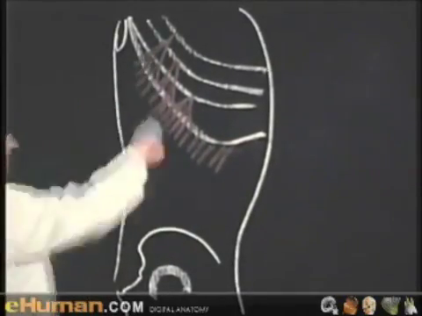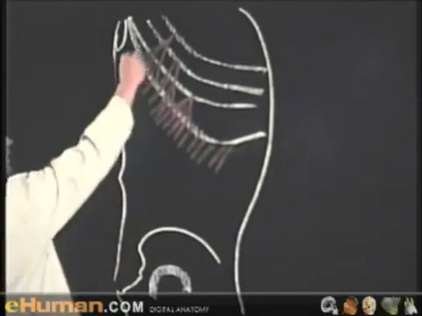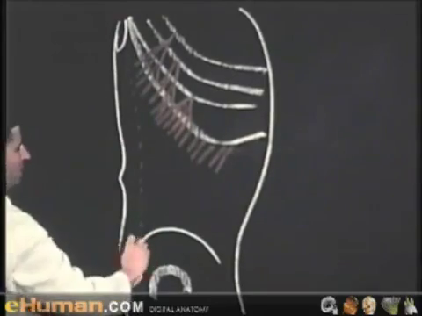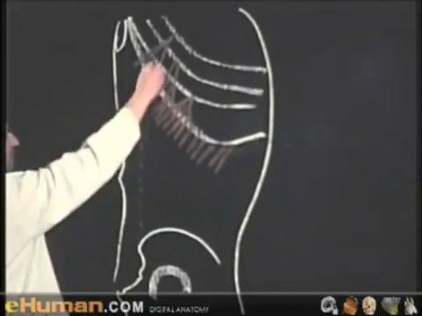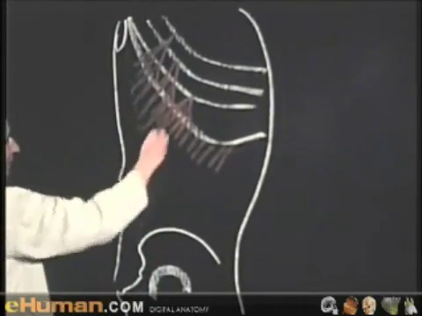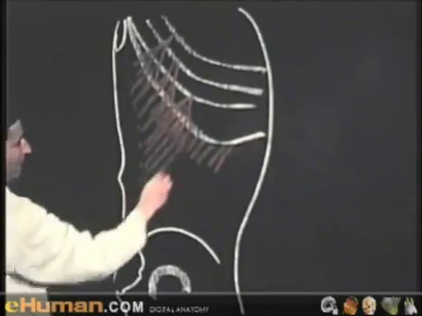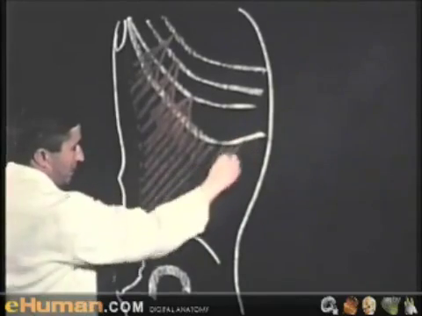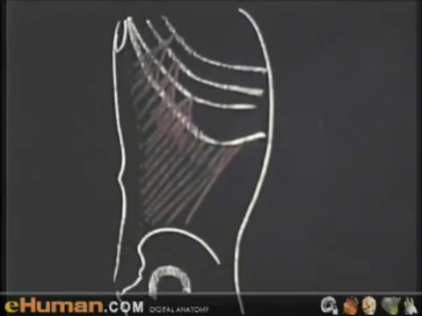Now, the actual muscular part of the external oblique occupies an area something like this, and then sweeps back, so that all this area here is filled in by the fibers. You notice the fibers pass downwards and forwards into the abdomen, leaving a posterior free margin.